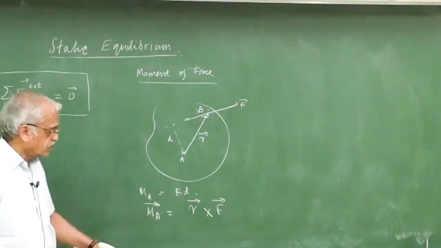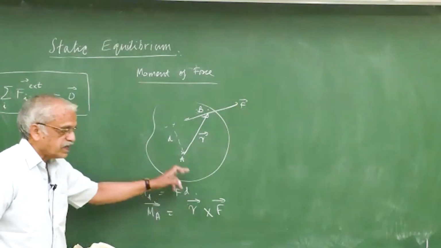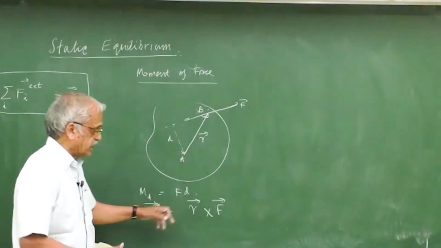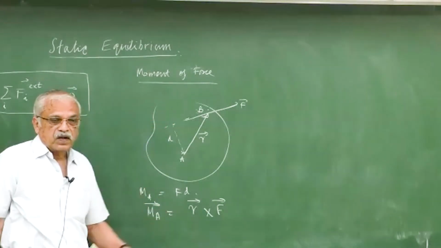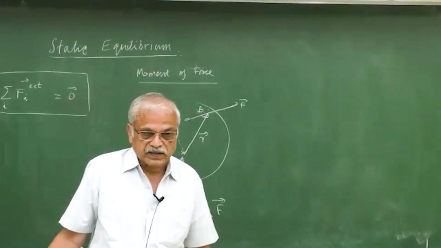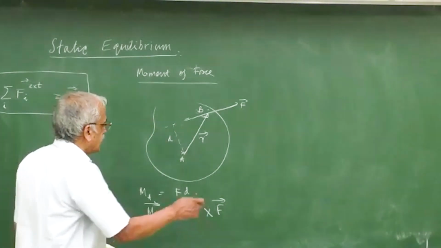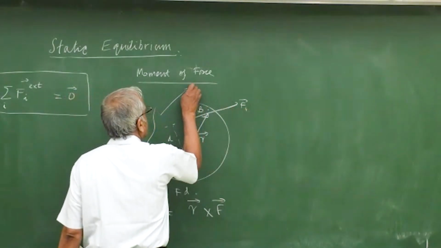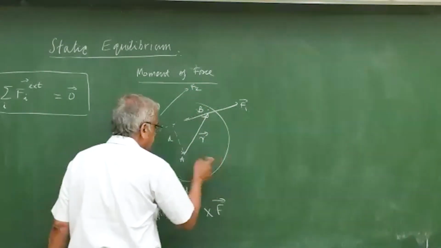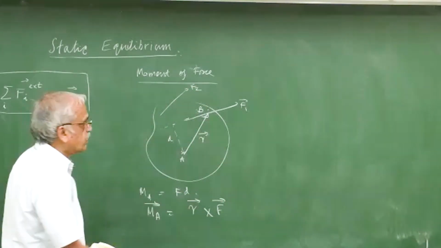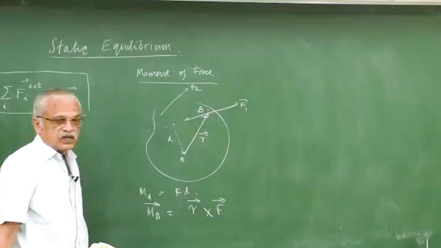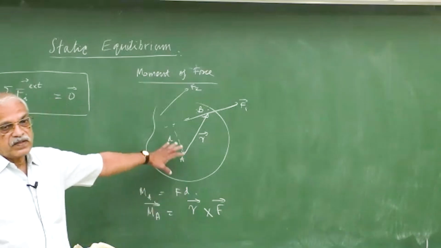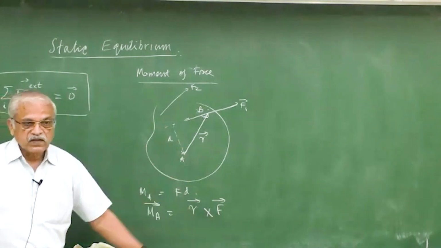So the moment now has the magnitude FD, and it also has a direction. Here we say that it's going into the board, but you can generalize it to 3 dimensions. If you have another force here, maybe this is F1, in some other direction, we can keep on doing it for n number of forces. The beauty of this is that we can treat moment also as a simple vector quantity, just like we have seen for forces.